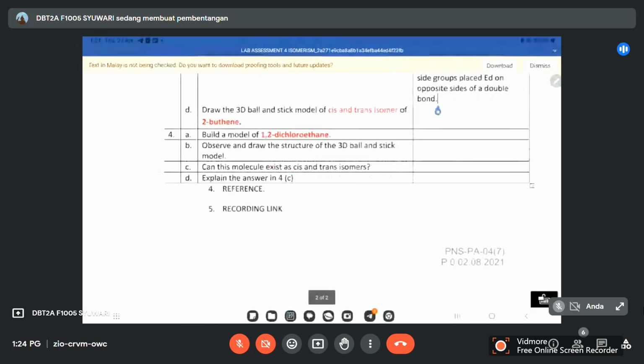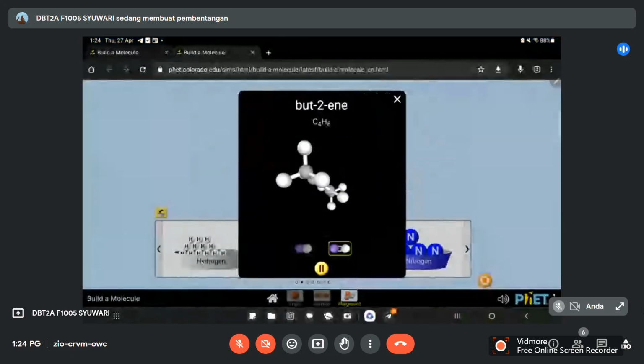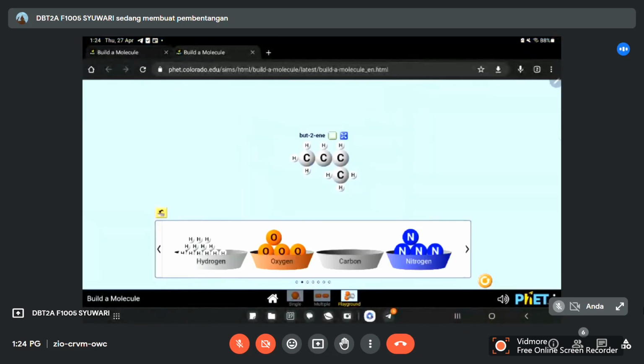Last, for question number 4. 4A, build a model of 1,2-dichloroethane. So how do we want to build the 1,2-dichloroethane structure, guys?